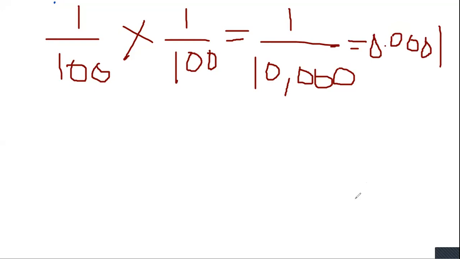So class, if we have this kind of situation, it means that a Pip is the 4th value from the decimals.